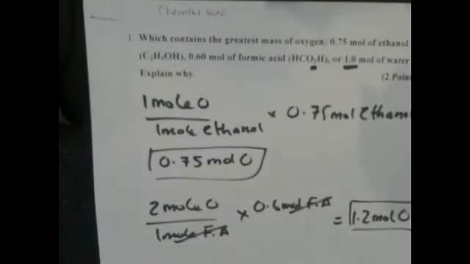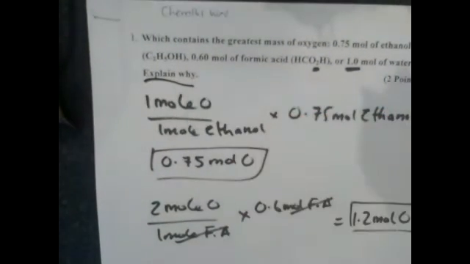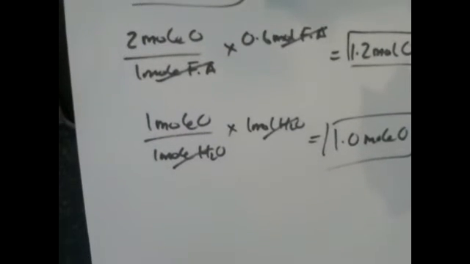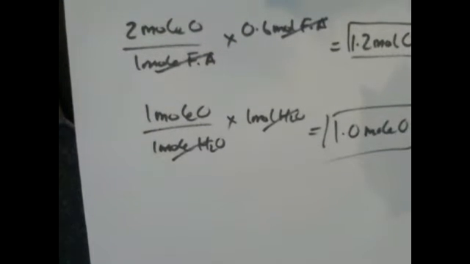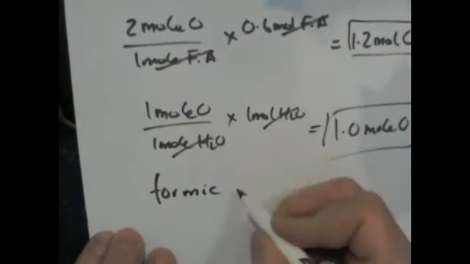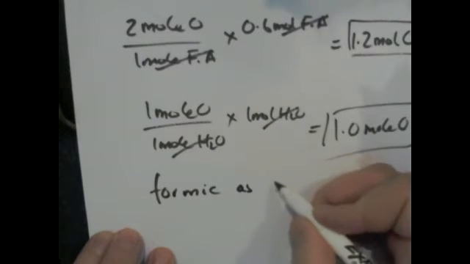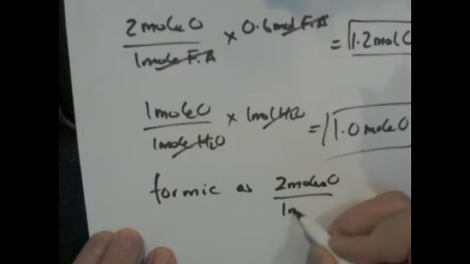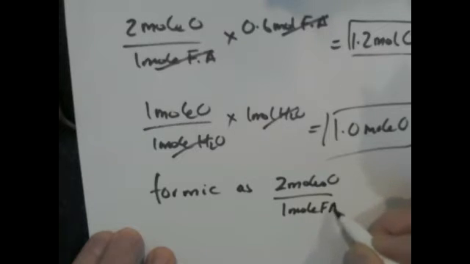The question though, you do want to be aware that it says explain why. A good way of avoiding actually using your words here to explain why is you can just do the math like I did, but the answer is formic acid, as the 2 moles of O for every 1 mole of formic acid.